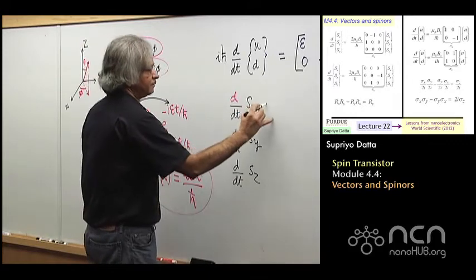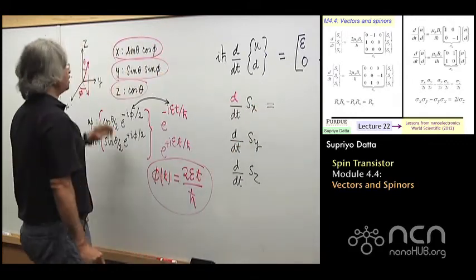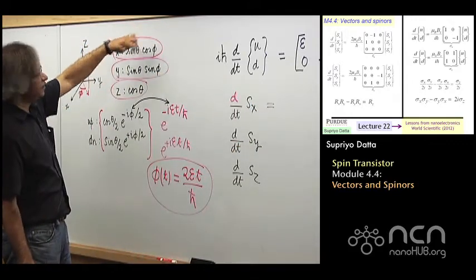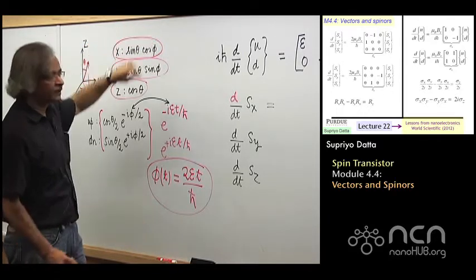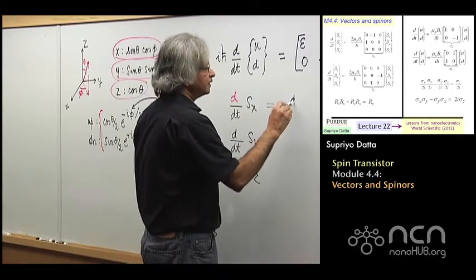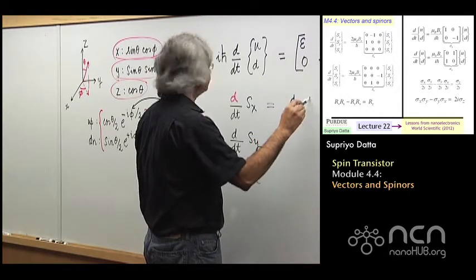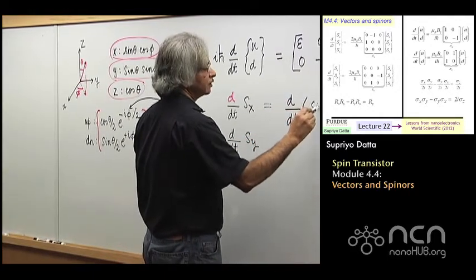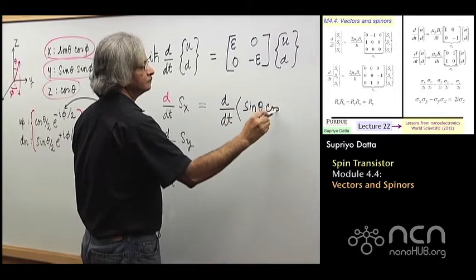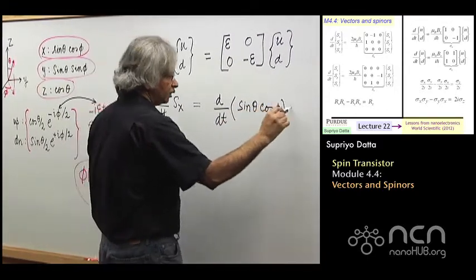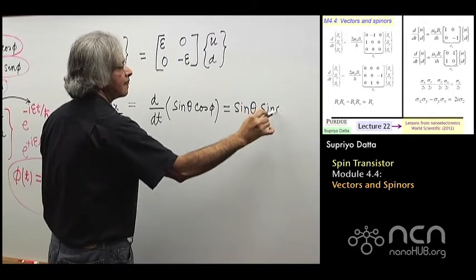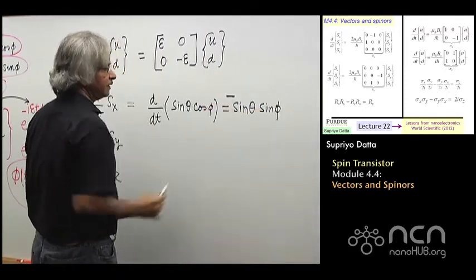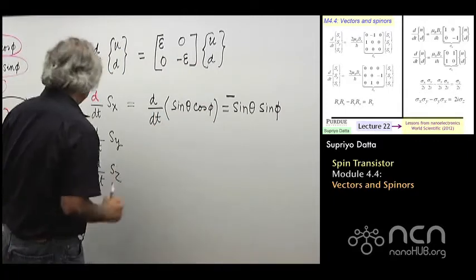Well, I could do that easily because Sx, as we know, is sine theta cosine phi. Theta is not changing with time. Cosine phi is. So this could be written as d dt of sine theta cosine phi, which is equal to sine theta sine phi, I guess with a minus sign, and then d phi dt.